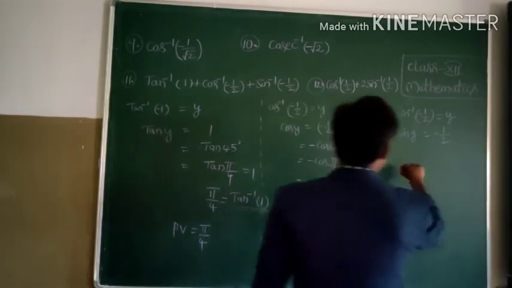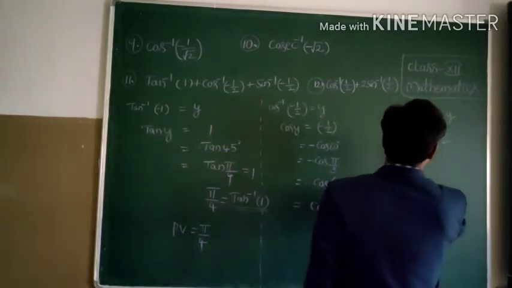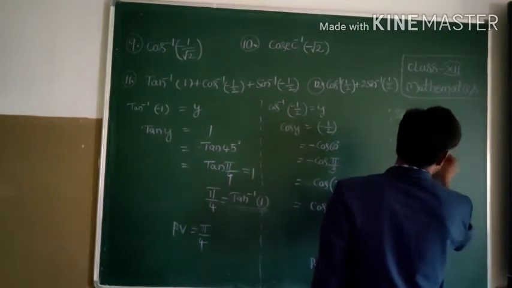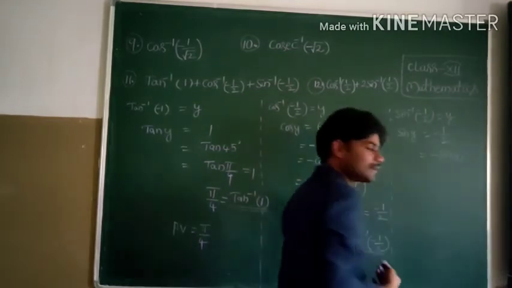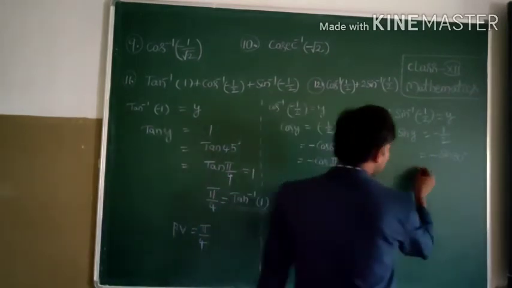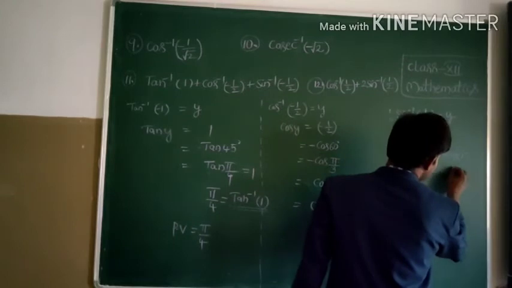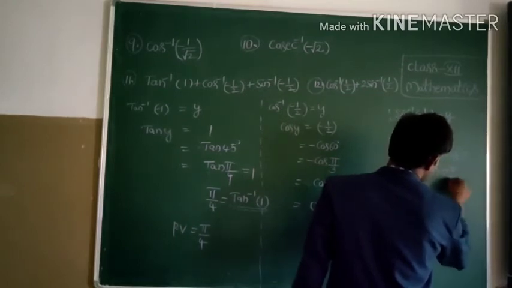Next, in terms of sin, minus of sin 30 degrees. So minus of sin 30 degrees is equal to 5 by 6.